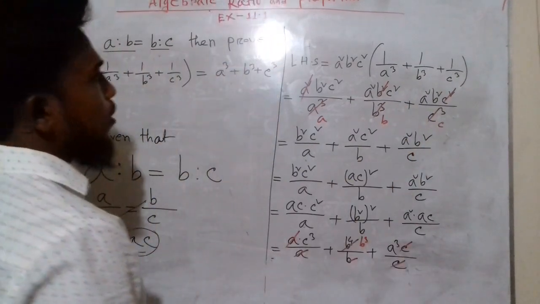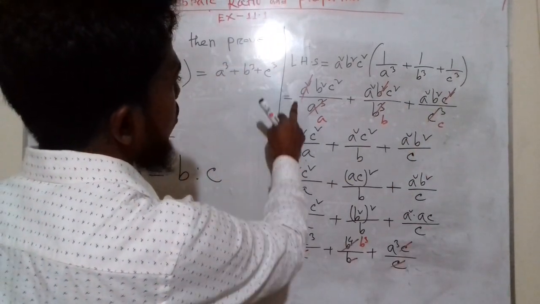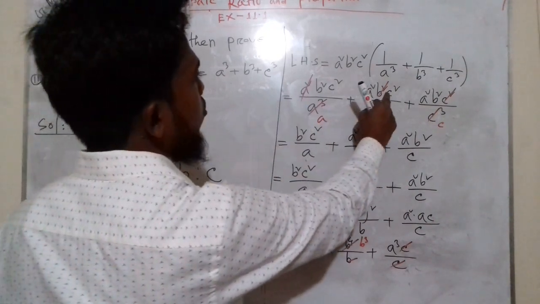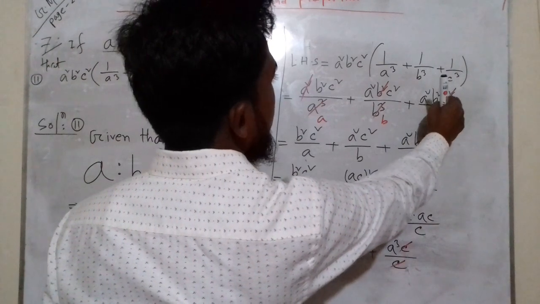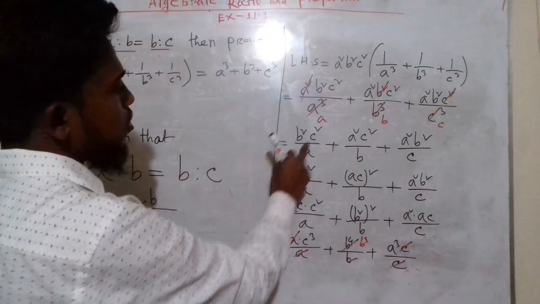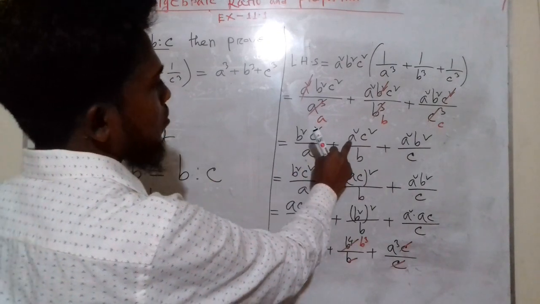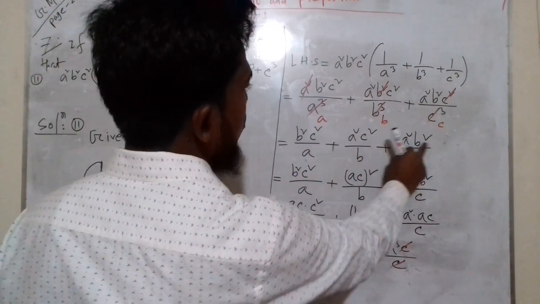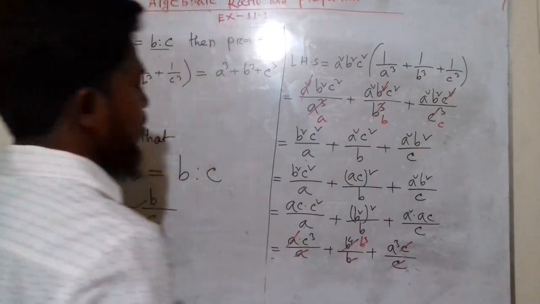So now we can cancel a square upon a cube, b cube upon b square, c cube upon c square. So we can write a square b c square divided by a plus a square c square divided by b plus a square b square divided by c.